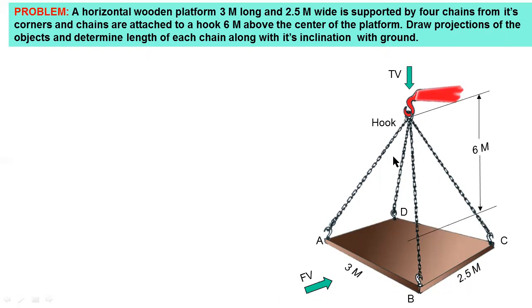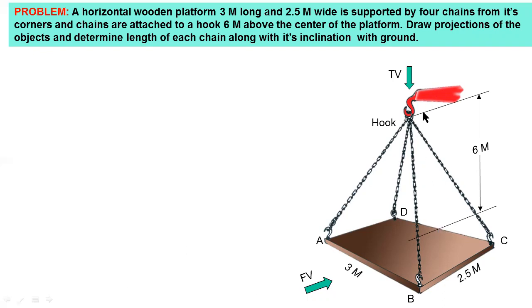First of all, you have to consider these corners, A, B, C, D. The length of each chain, chain A, chain B, chain C, chain D, are equal. So you have to find one of the chains.